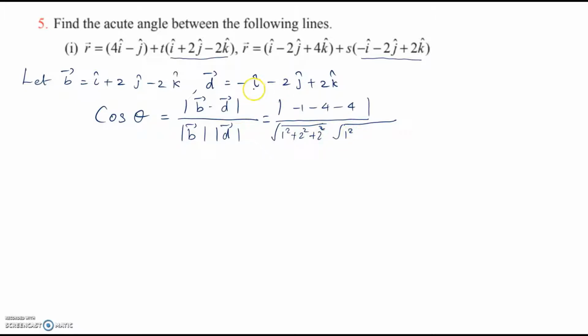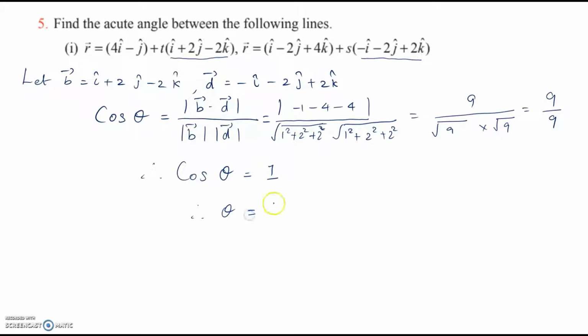I'm not putting the minus because anyway when you square it, it will be a positive number. So plus 2 squared plus 2 squared, which is equal to, numerator will be 9 over root of 9 times root of 9. So that will be equal to 9 by 9. Therefore, our cos theta is equal to 1. Therefore, theta is equal to 0 degrees.